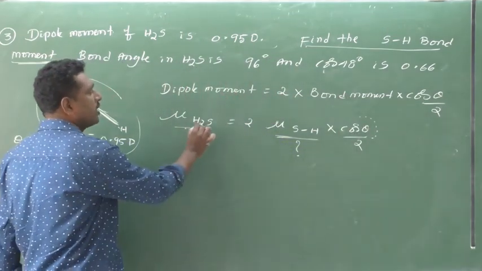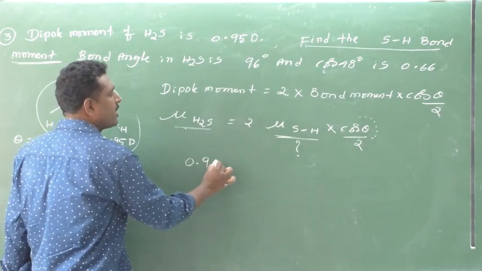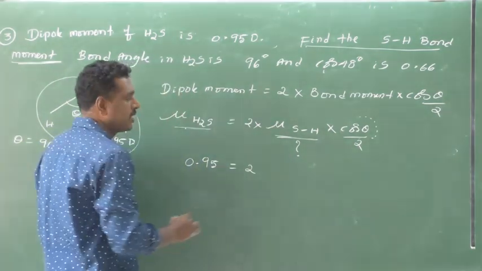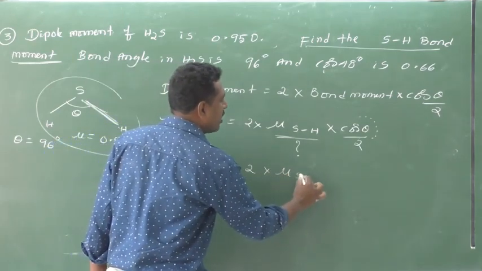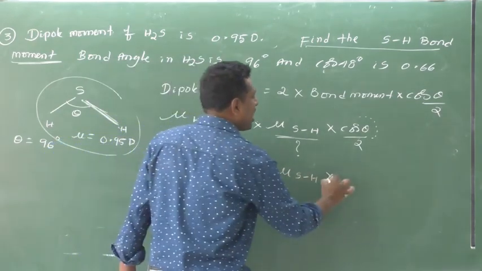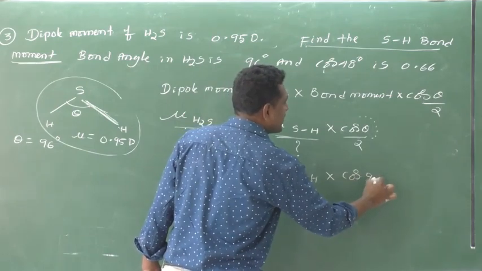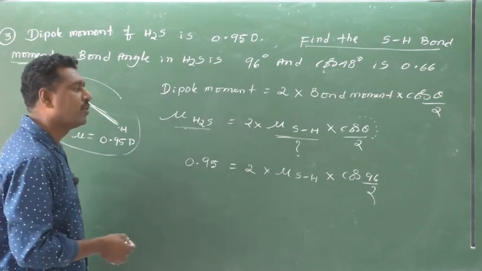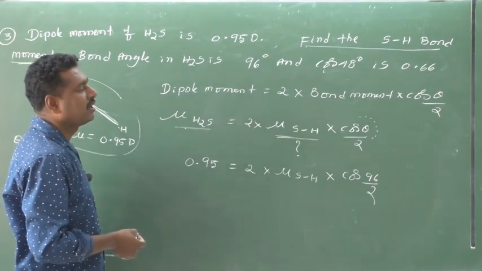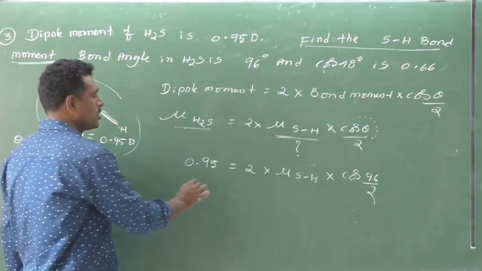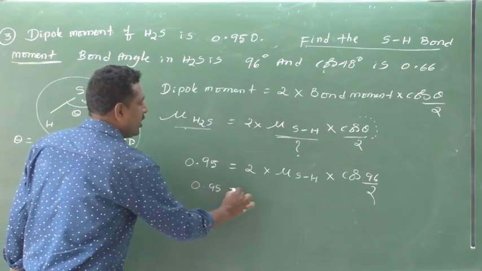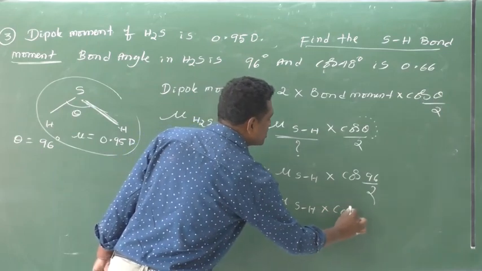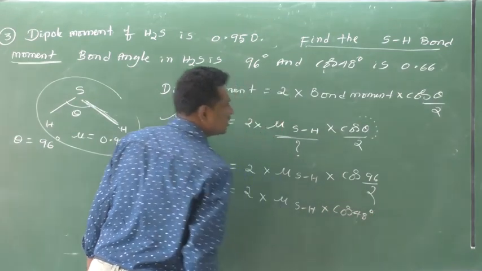Therefore, the dipole moment is 0.95 equals 2 into bond moment of SH into cos 96 by 2, that is cos 48 degrees.